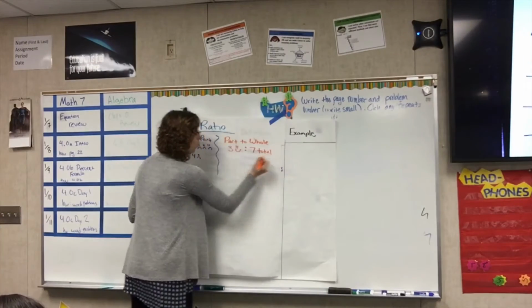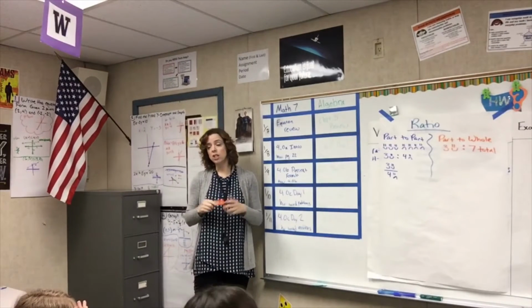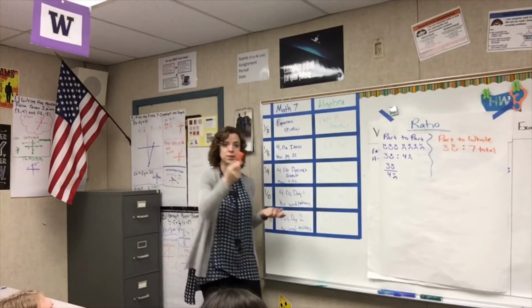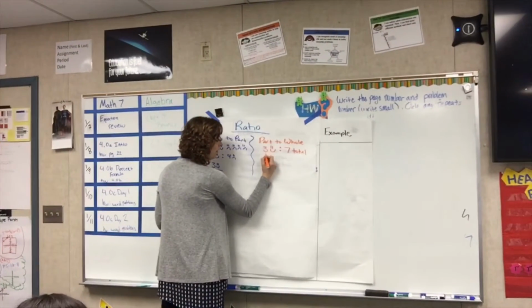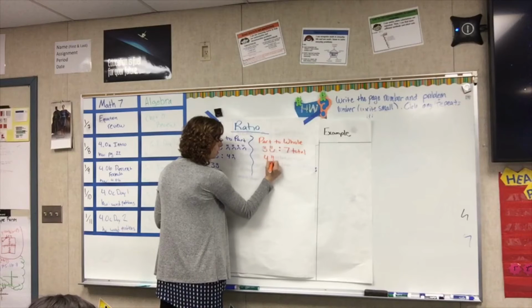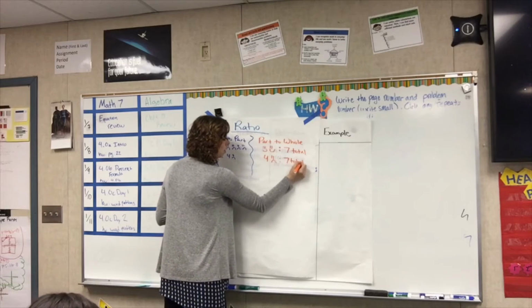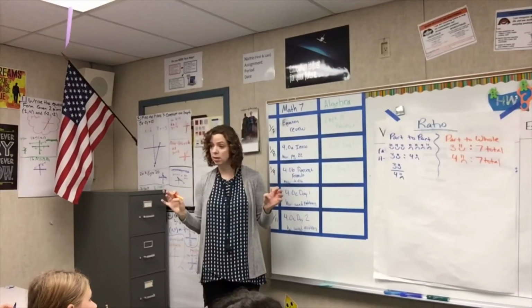Yes, 7. We have 7 total. So the whole is the total amount. That's just with the smiley faces. What else could we have done? Yes, sir, the sad faces. How many sad faces do we have? 4. Yeah, we have 4 sad to 7 total.